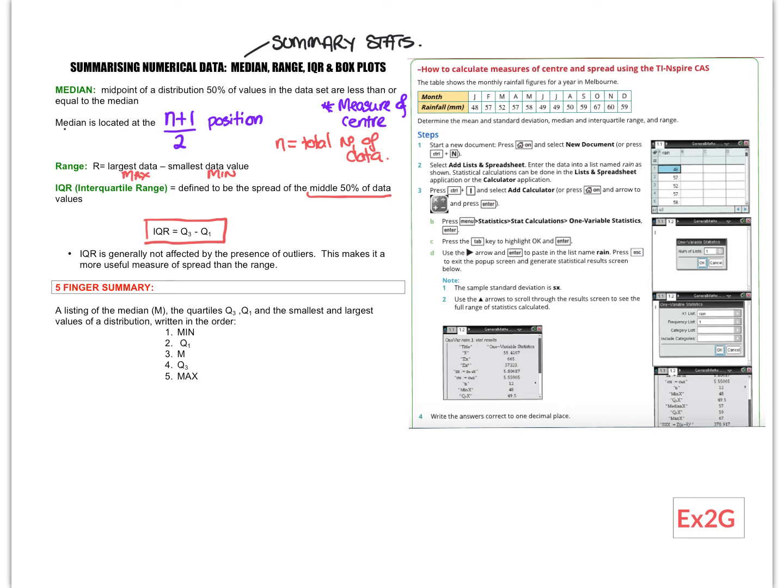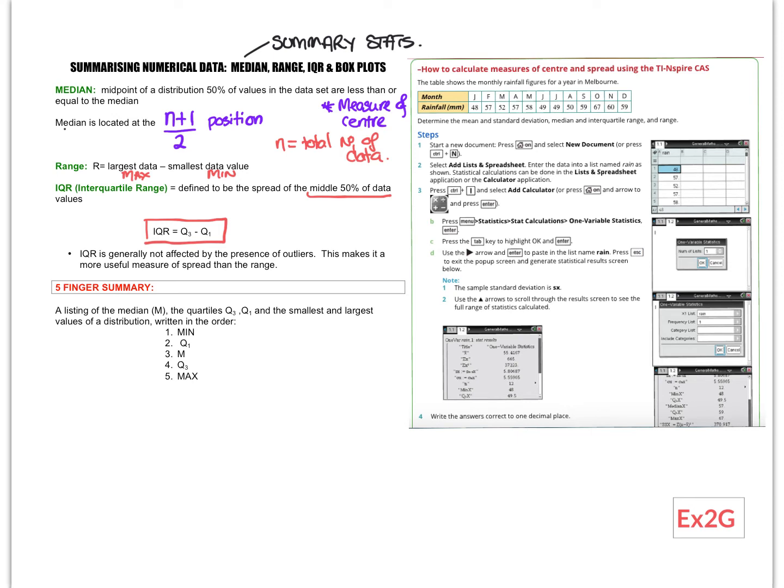Remember, the ends probably have the extreme values, like someone who's really high, or some things that are low. So the middle 50% becomes more interesting for us because we know that's where the majority of our values are going to be lying.